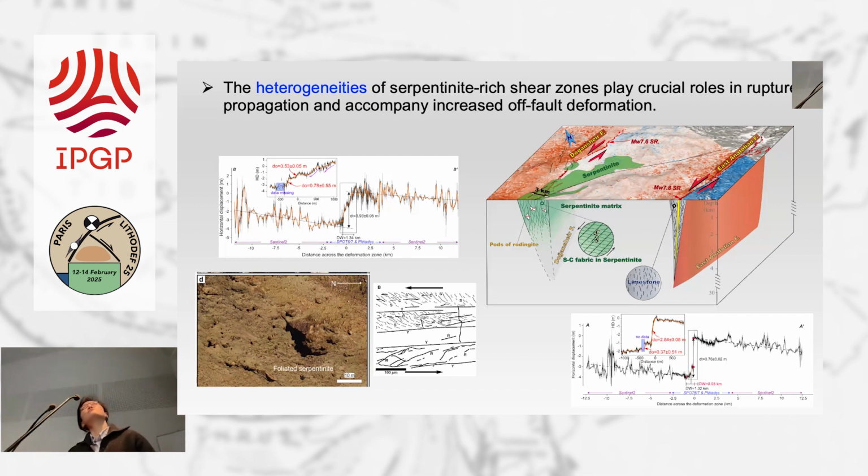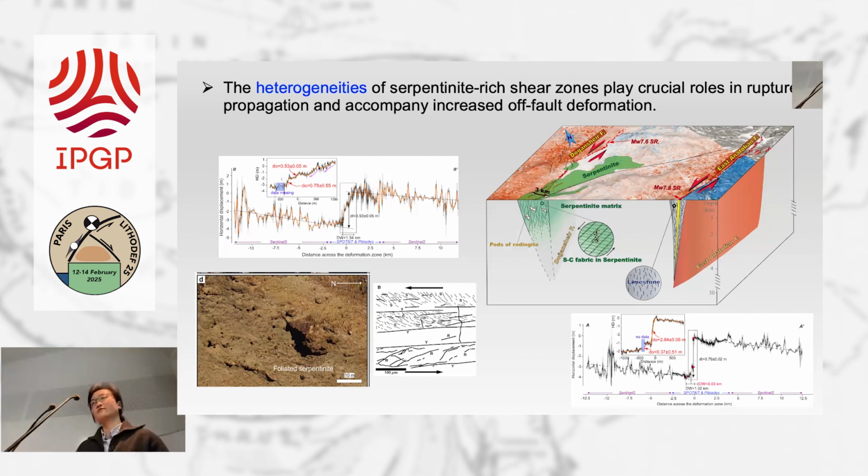We conclude that the heterogeneity of the serpentinite-rich shear zone could play a crucial role in rupture propagation and accompanying increased off-fault deformation. In contrast, the rupture in the regular rocks may only accompany less off-fault deformation with a narrow deformation zone.